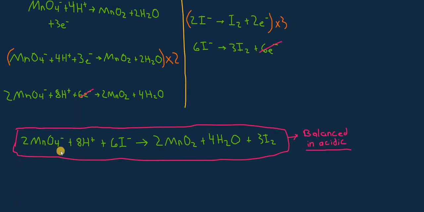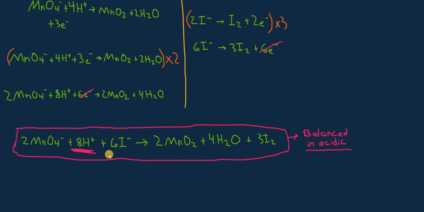So once you combine them, you'll arrive at your final reaction if you're balanced in acidic conditions. And you know it's balanced in acidic conditions if you have these H+ left over. So unless your H+ somehow cancel out, sometimes that does happen, then you wouldn't see any, but most of the time you'll see these H+ ions in your final reaction. And that lets you know that it's balanced in acidic conditions.